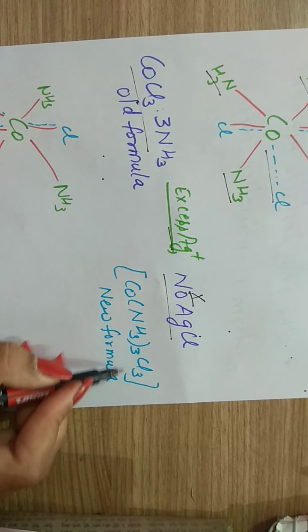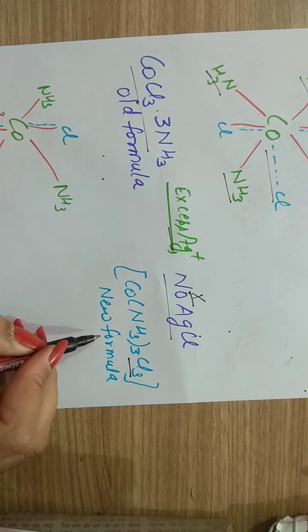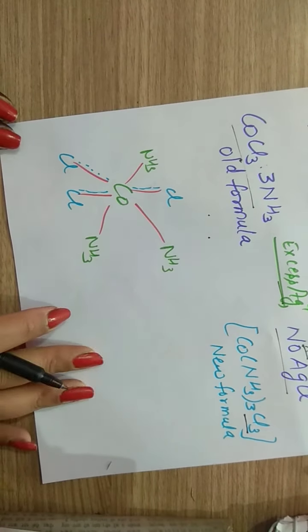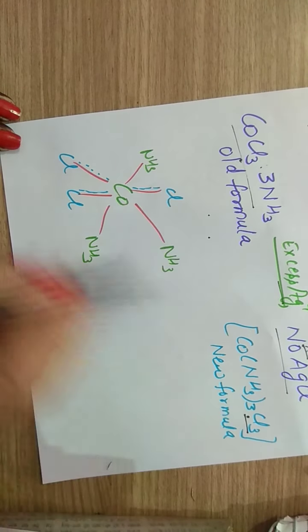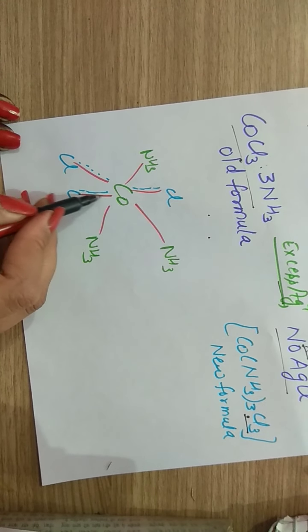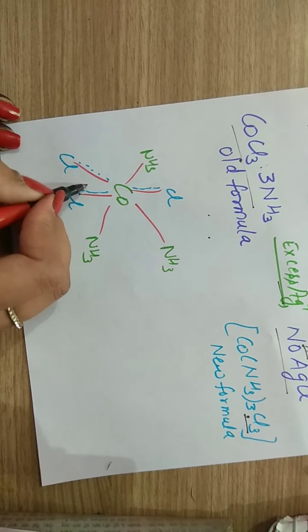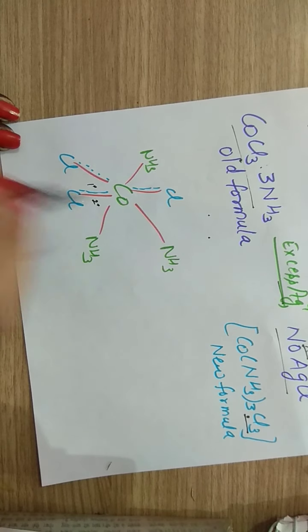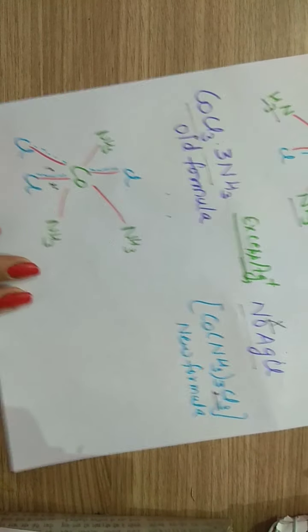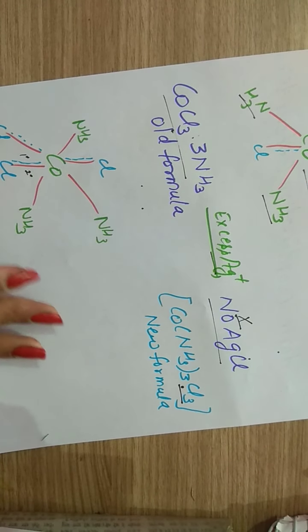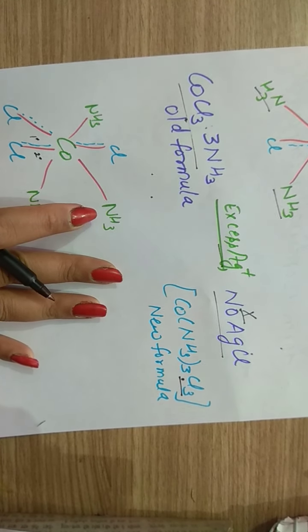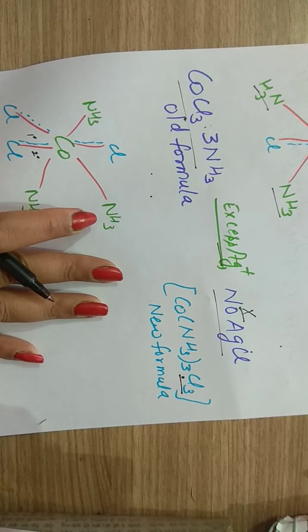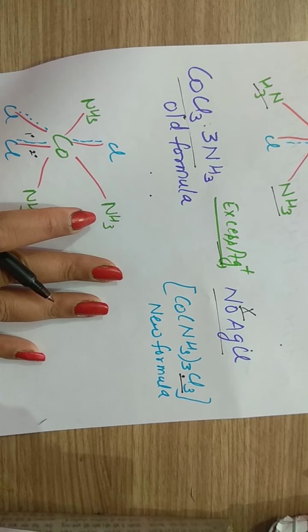So all three chlorine atoms are written inside the bracket, and the structure of this compound is shown like this, in which all the three chlorine atoms are shown by dotted as well as solid lines. This is for primary valency, this is for secondary valency. This is how he explained the structure and bonding of coordination compounds. In this manner, he also explained some other compounds of platinum and also some other metals.